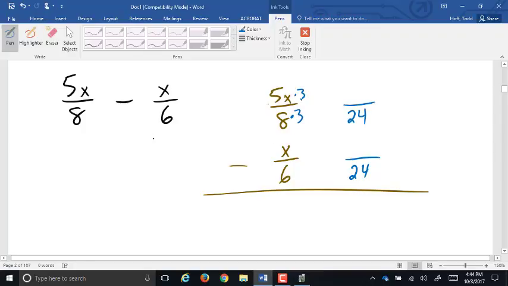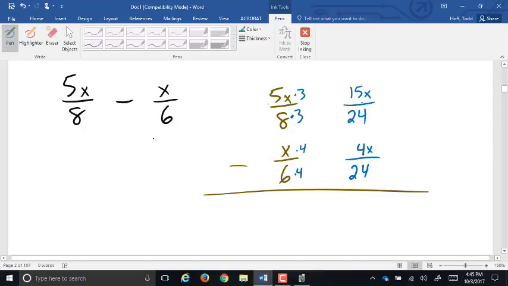Times 3. So 5x times 3 gives us 15x. Good. What's this going to become up here above the 24? 4x. Good. 6 times 4 to make 24. So x times 4 makes 4x.